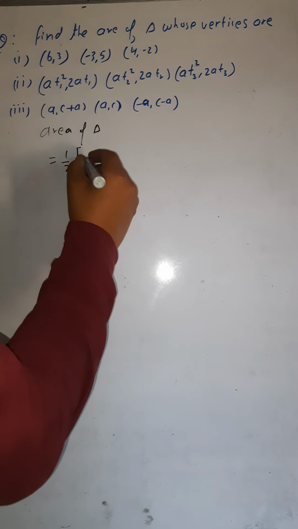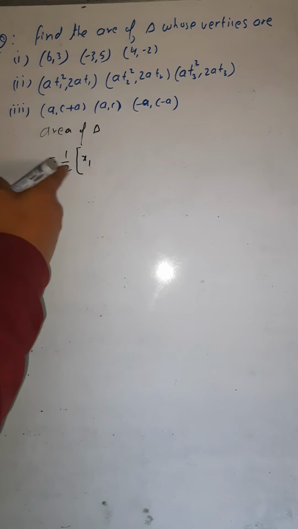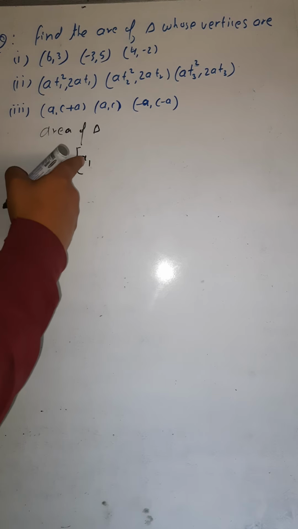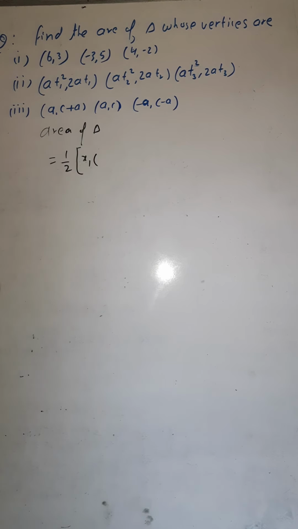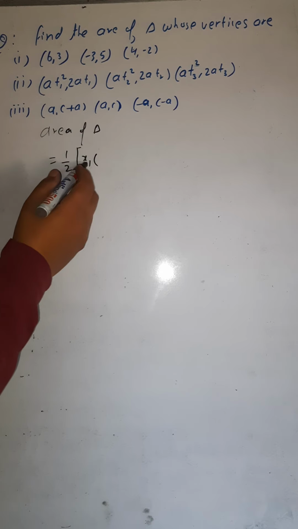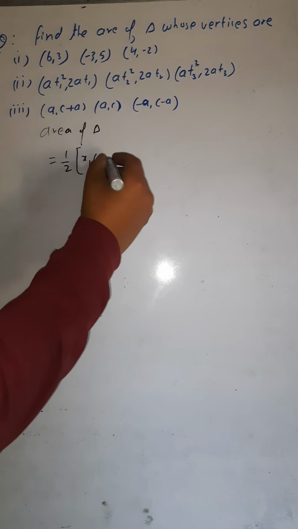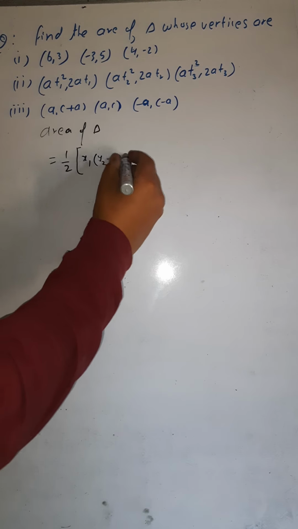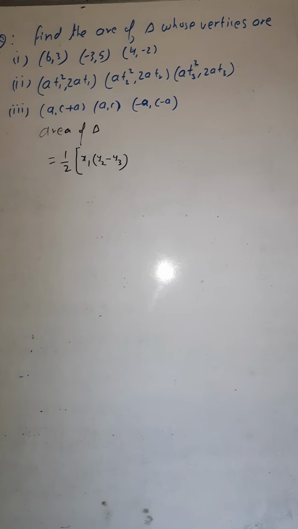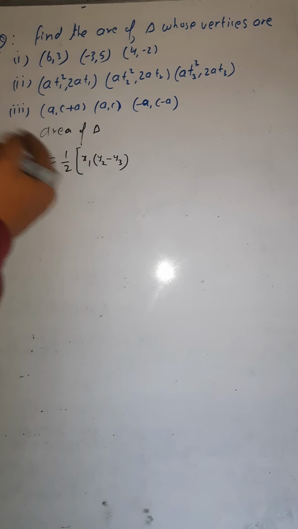Inside, you write first x1. Remember this: 1 by 2, then bracket x1, then inside the bracket, after 1 comes 2, so y2 minus y3. Are you getting this? Inside the bracket only the y vertex will come and outside x.